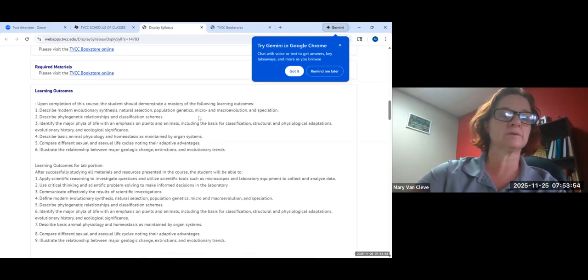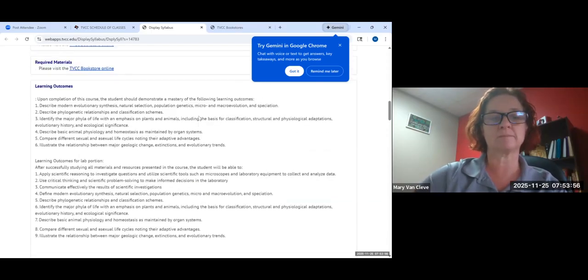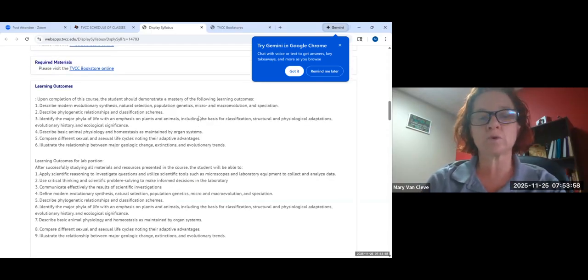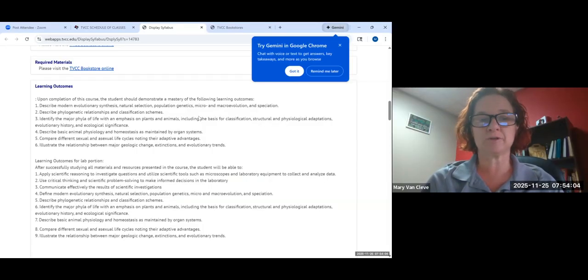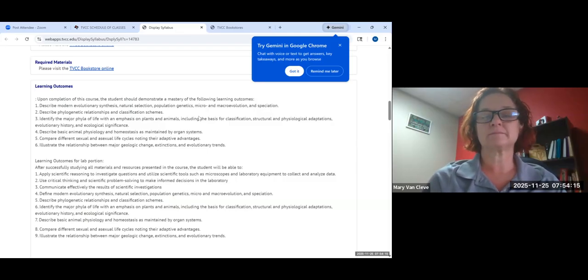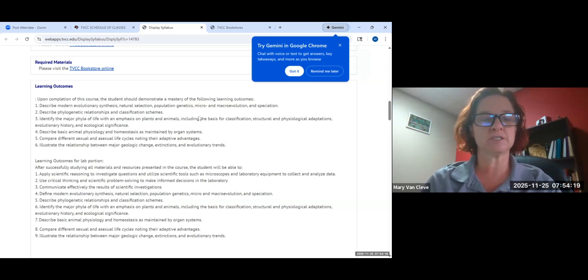Required materials, learning outcomes. Upon completion of this course, you should be able to demonstrate the mastery of the following learning outcomes. Modern evolutionary synthesis, natural selection, population genetics, micro and macro evolution, and speciation. Phylogenetic relationships and classification schemes.